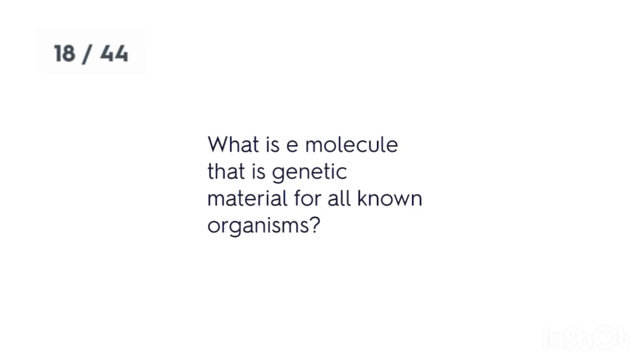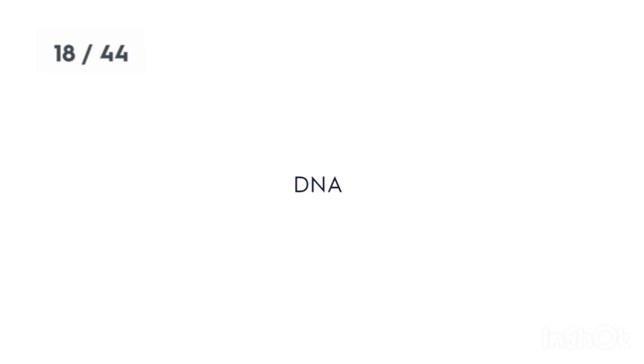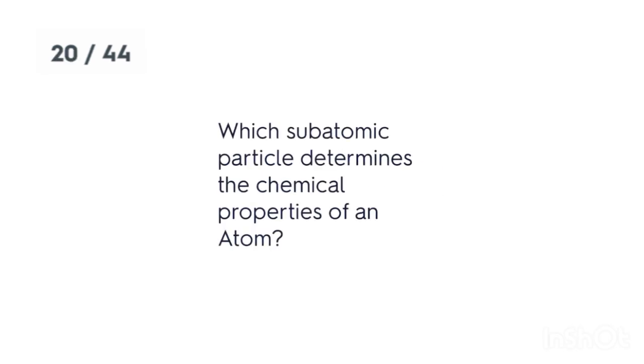What is the molecule that is genetic material for all known organisms? DNA. List 3 subatomic particles. Protons, neutrons, electrons. Which subatomic particle determines the chemical properties of an atom?